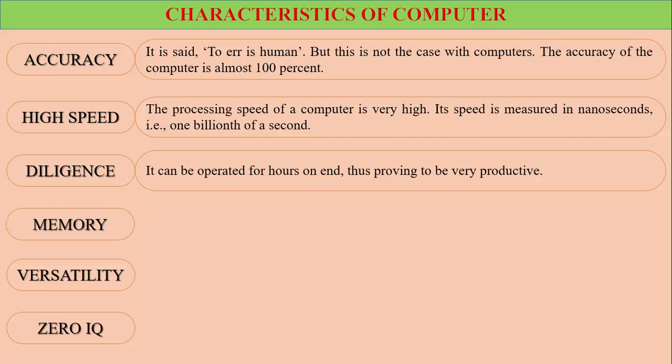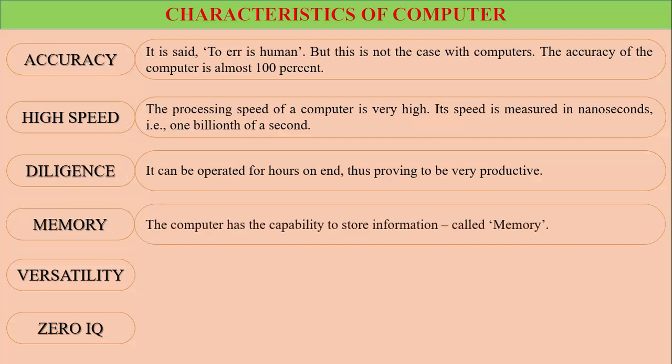The next one is memory. The computer has the capability to store information, that is known as its memory. Many storage devices such as pen drives, CDs and DVDs are used to store information. Versatility.